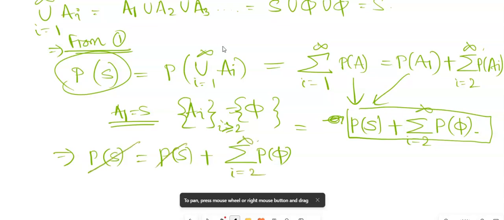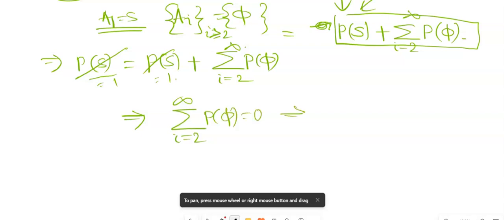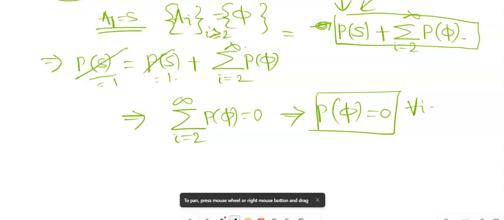The P of S terms will get cancelled, since both are 1. Ultimately we arrive at the summation of i equals 2 to infinity P of phi equals 0, which alternately means that P of phi is 0 for all i from 2 to infinity. Hence we have proved that the probability of the null set is 0.